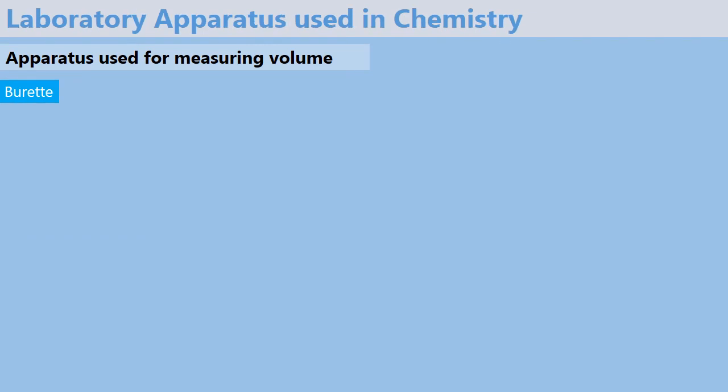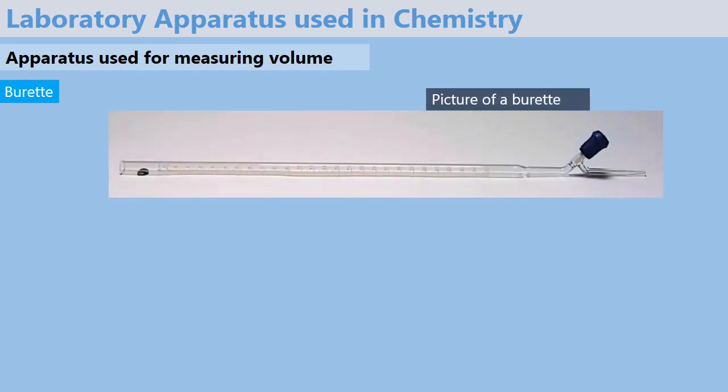The next apparatus is the burette. Here is a nice picture. As you can see, it has a long tube, and this one here is known as the tap of the burette. You can never have a burette without the tap. You will soon know why.